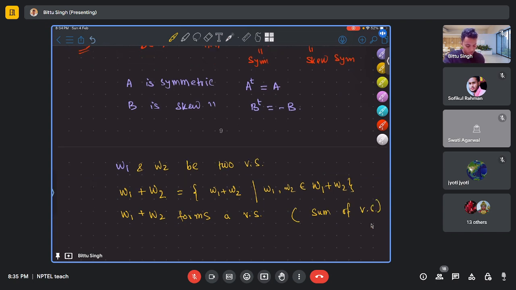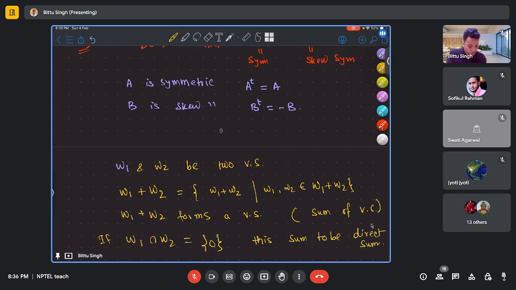But moreover, if the intersection W1 intersection W2 is only the single 0, because 0 belongs to every space so it cannot be empty, there is at least 0, and if it is only 0, then we say this sum is a direct sum.